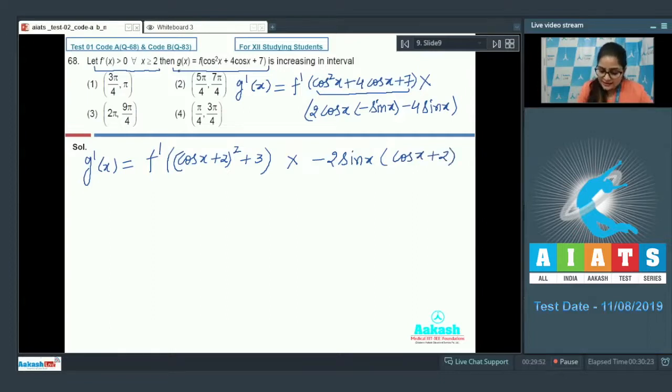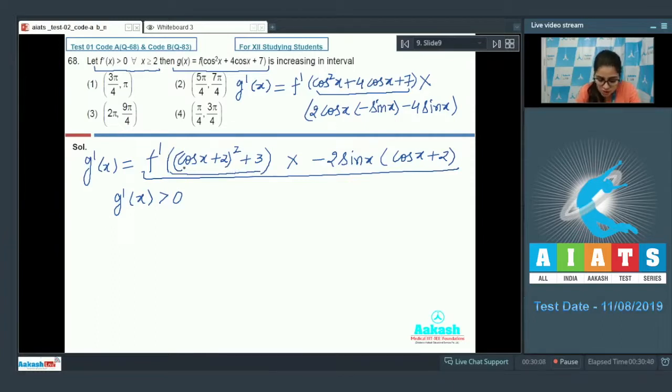For g of x to be increasing, g dash x should be positive. So by observing this equation, you see this entire value is greater than or equal to 3 because cos x plus 2 is always greater than or equal to 1, because the minimum value of cos x is minus 1. So this entire value is always greater than 3. So when x is greater than or equal to 2, your f dash x is positive.